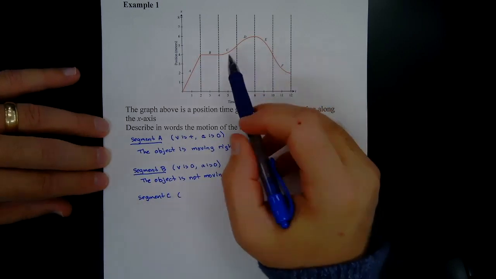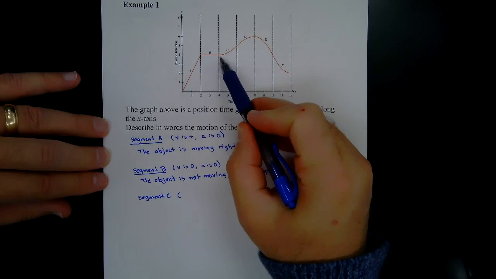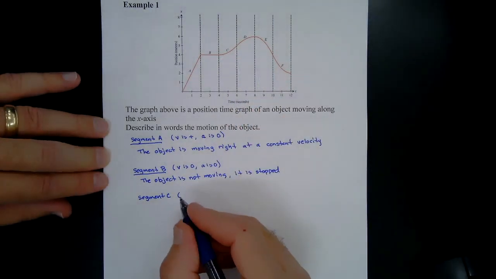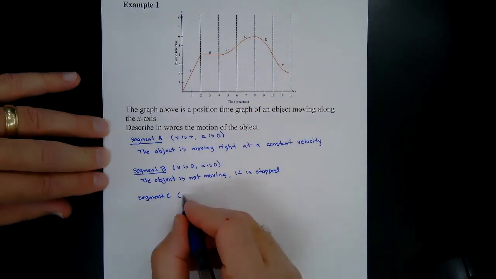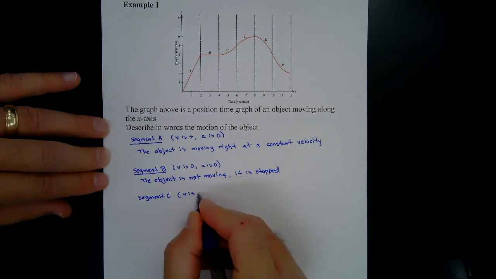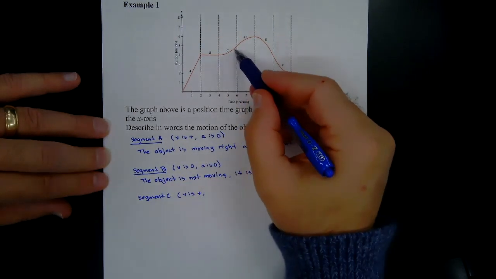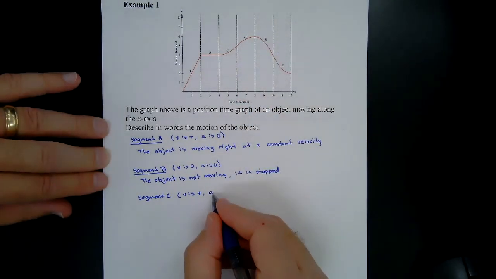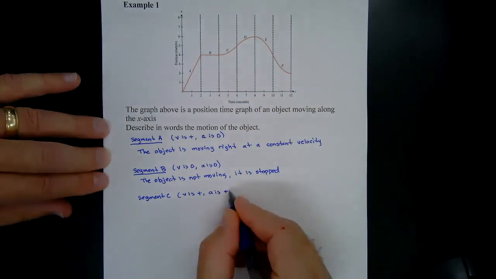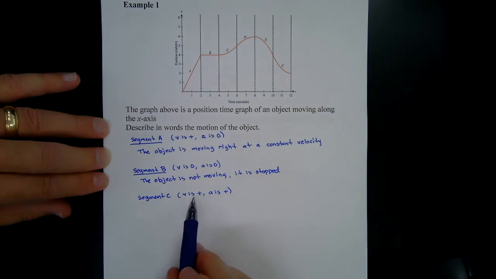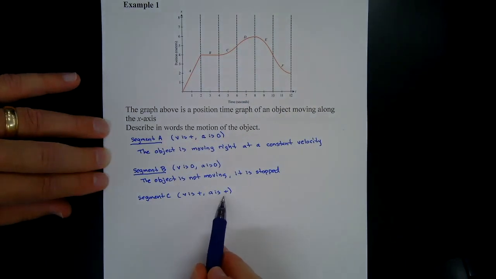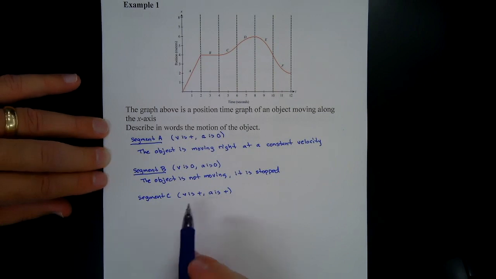Okay, so looking at segment C, I can tell that it is increasing, which means the slope is positive, which means V is positive. I can tell the curvature, it's curving up, which means acceleration is positive. So when the velocity is positive and the acceleration is positive, that means when they're the same sign that we are speeding up.